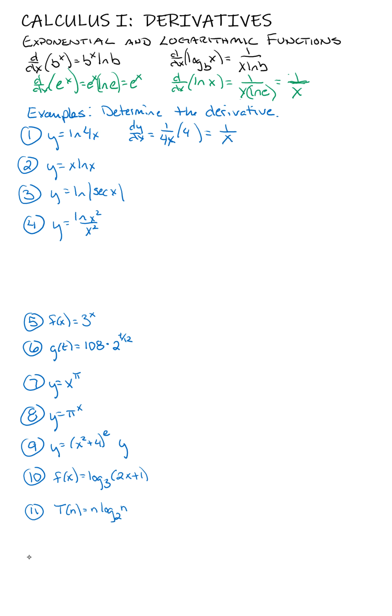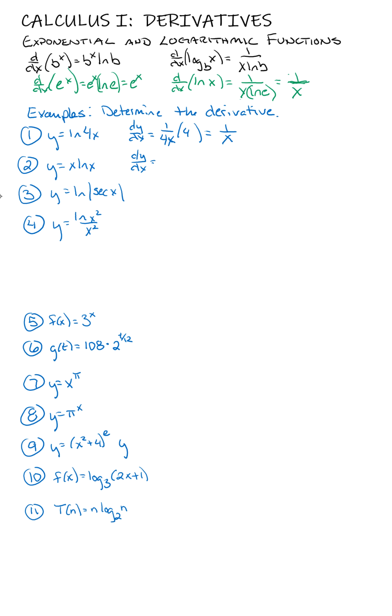Example 2 here, we have y is equal to x times the natural log of x. If we want to take the derivative of that, notice it's a product. So we're going to have to use our product rule. X is our first, and natural log of x is our second function.